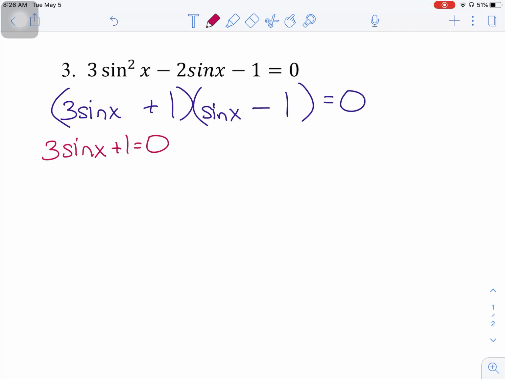3 sine of x plus 1 is equal to 0. I am going to solve for sine of x, okay? And what I'm going to do here is change this up so it's x prime and deal with the positive 1/3.